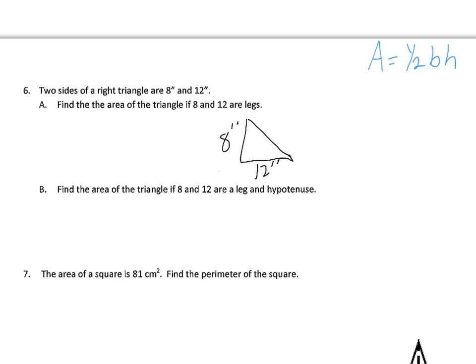So I've got 1/2 times base, and it doesn't matter which one's which. In this case, that's the base. But since multiplication is commutative, it doesn't matter what order we do it in. 8 times 12. And that gets me my area equaling 48.